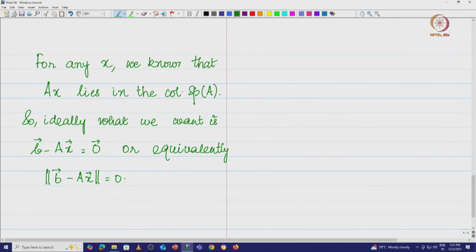Now in our case that we saw, there exists no x such that b minus Ax can give you the 0 vector. Therefore, we can try to minimize, to make b minus Ax as small as possible.